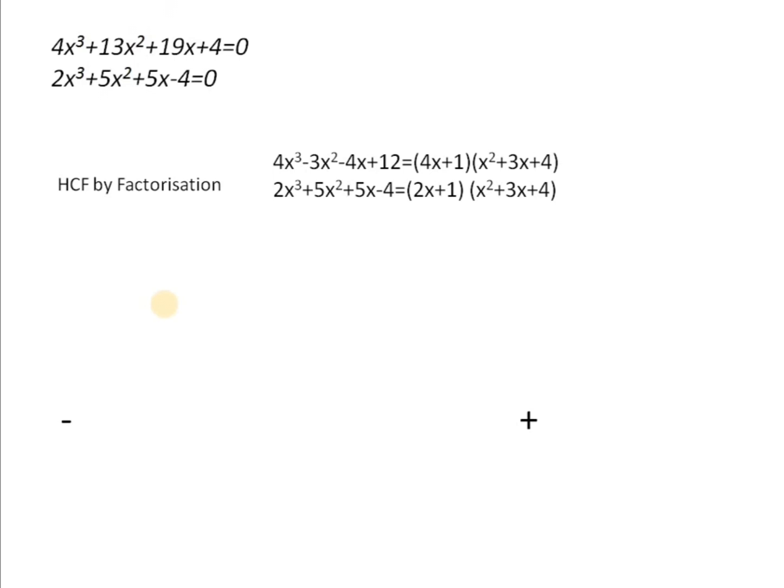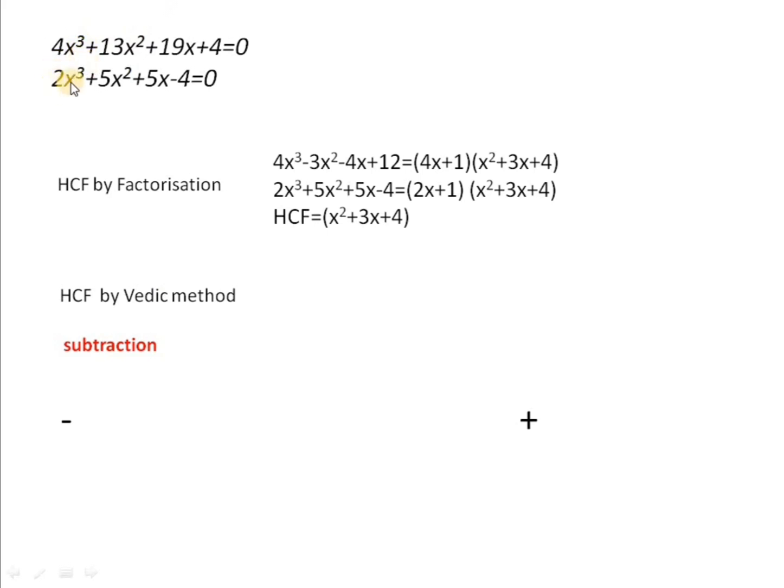So now you can know that the highest common factor is x square plus 3x plus 4. Okay. But it is a bit difficult to find out through factorization. Now you will learn how to do it through Vedic mathematics. So we are going to eliminate the highest part. So what we are going to do is, we need to eliminate this x cube term.